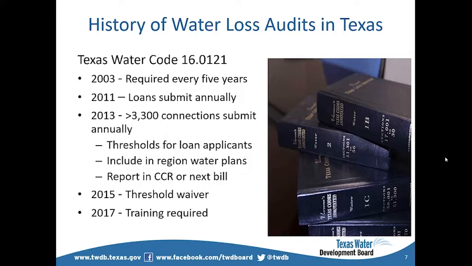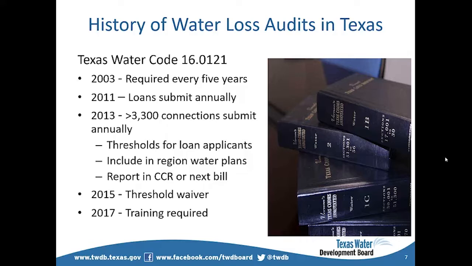When they come in for a loan for a water project, we will compare the water loss audit figures to this water loss threshold, and if the utility is over that threshold, then we are required to require the utility to make sure that they're including some water loss project or program, something that mitigates water loss as part of any loan or grant that they would receive from us for that water project.